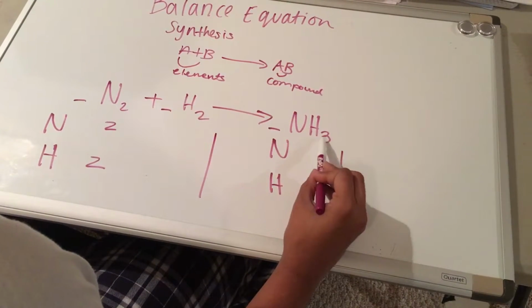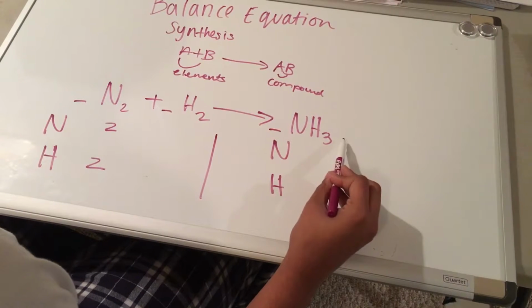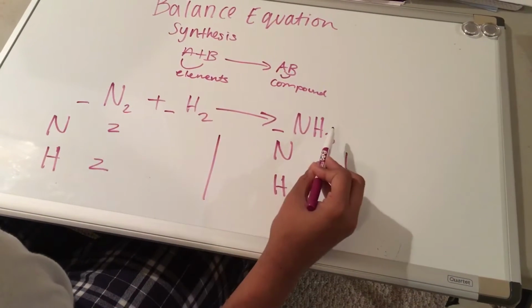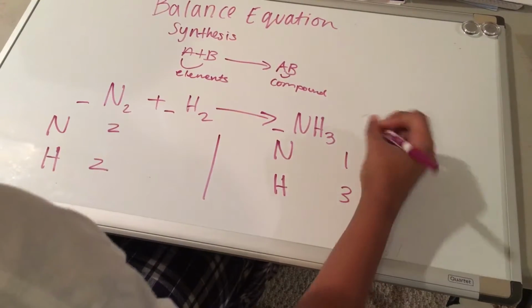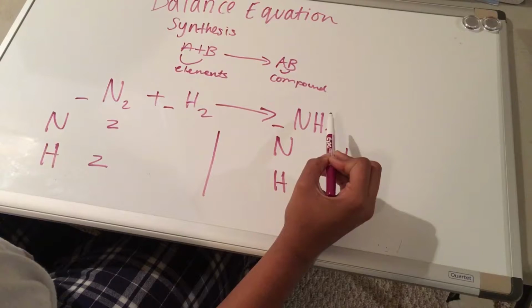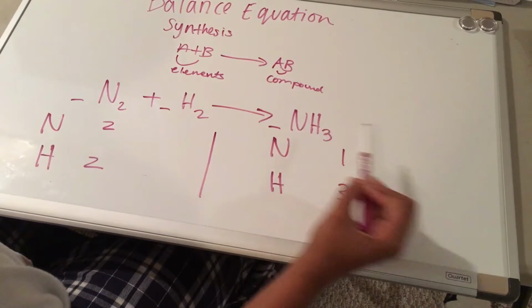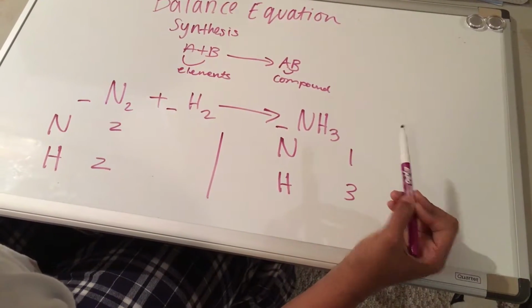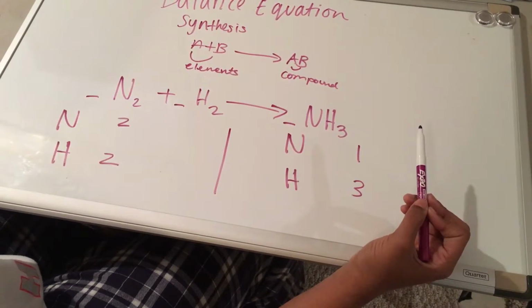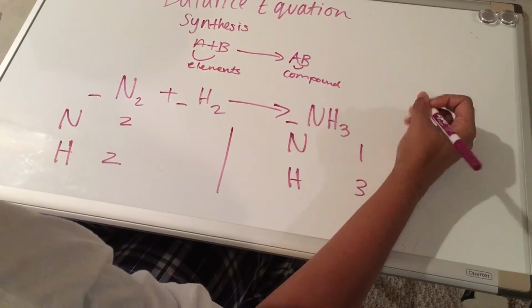Here you know that hydrogen has to have at least 3 atoms in the whole equation. So right here, you know that the total number of hydrogen atoms has to be a multiple of 2 and 3. No, it just has to be a multiple of at least 3.